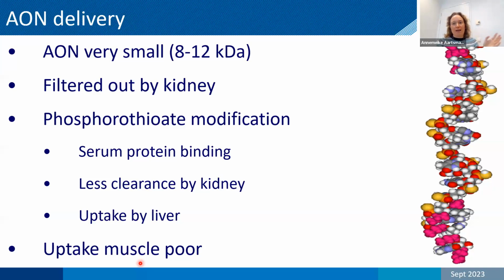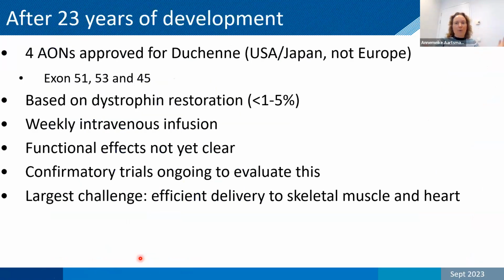However, it stays around longer, but then it's taken up by the liver, which is the function of the liver, to take up drugs and things and break them down and clear them. So we know the uptake in skeletal muscle is poor. And this is something that we knew in 2005, 2006, and now, after 23 years of development, say starting at the 0 time point, where are we now?